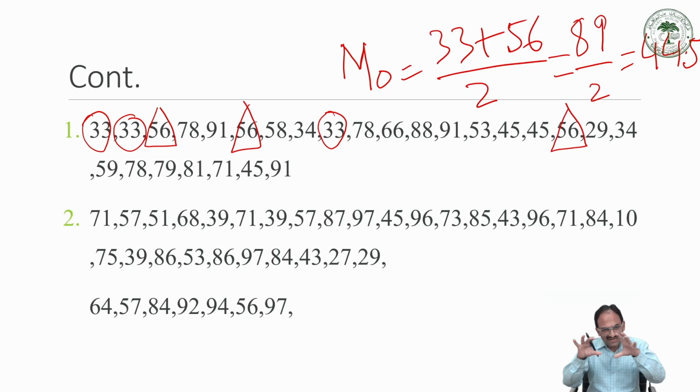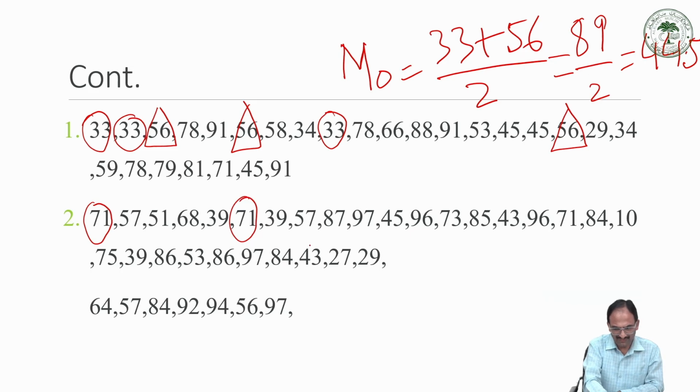Now, for this data set, you are required to calculate mode. So, let's see which number is repeating itself maximum times. So, let me take first 71. 71 once, 71 second time, move ahead, 71 third time, and if you keep on moving ahead, I think the maximum number of times 71 has appeared is 3 times. So is there any other number which is appearing more than once? Yes.